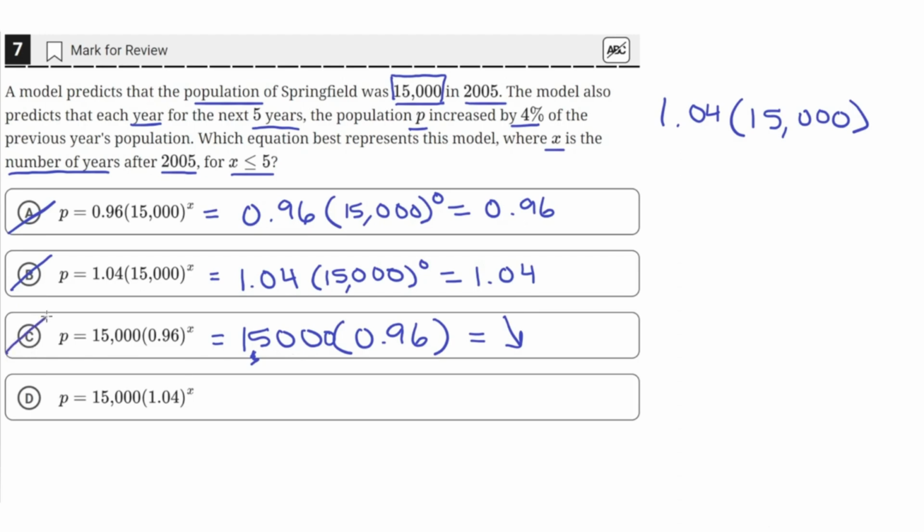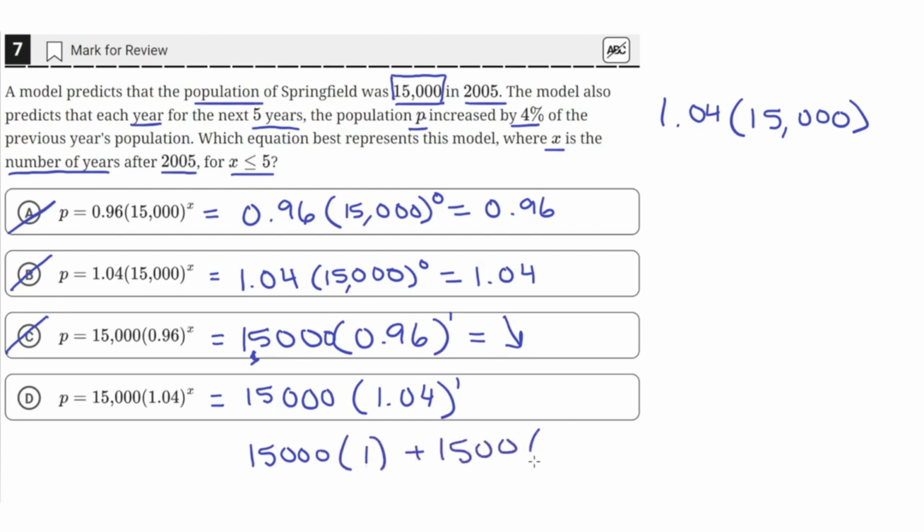So C has to be incorrect, because the problem told us that the population increases, which means D is the correct answer. And we can see that because after the first year, we get 15,000 times 1.04 raised to the first power. So this is just 15,000 times 1.04, which we can write as 15,000 times 1, plus 15,000 times 0.04.